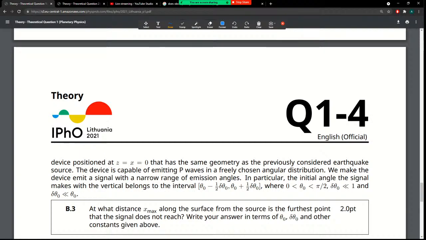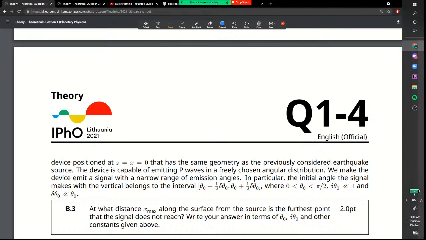Okay. So I guess here also we can use the property of light of reflection. So this will look like this, and this will look like this.